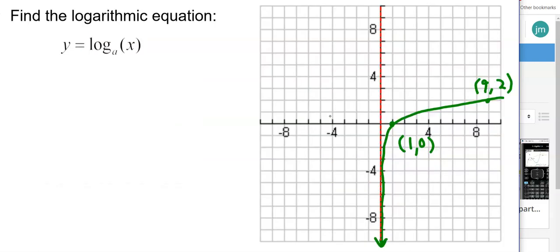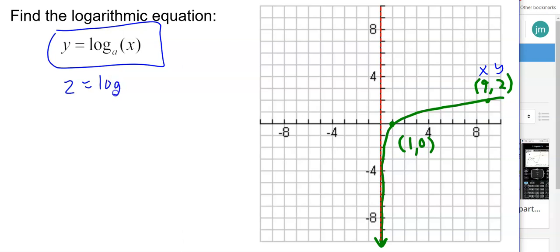Find the equation. So this time you're given something very similar to what we did with the logarithms, right? So don't plug in this point, because every logarithm graph goes through 1, 0 pretty much to start with. So plug in this one as your x and y. So y would be 2, and this would be log base a, I don't know what a is, of 9.